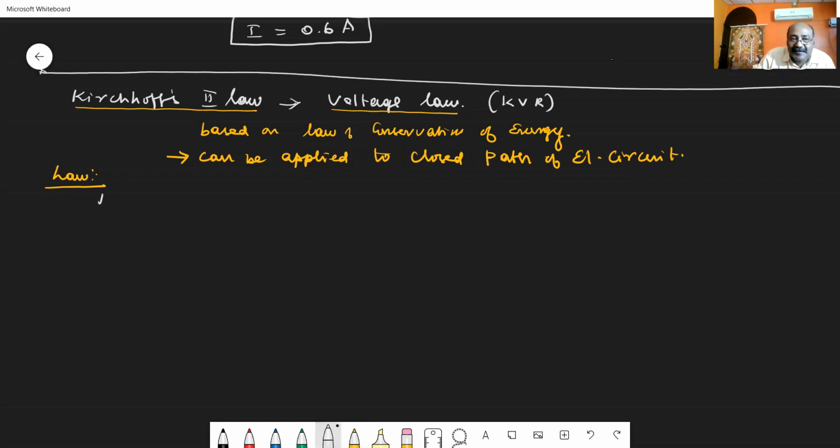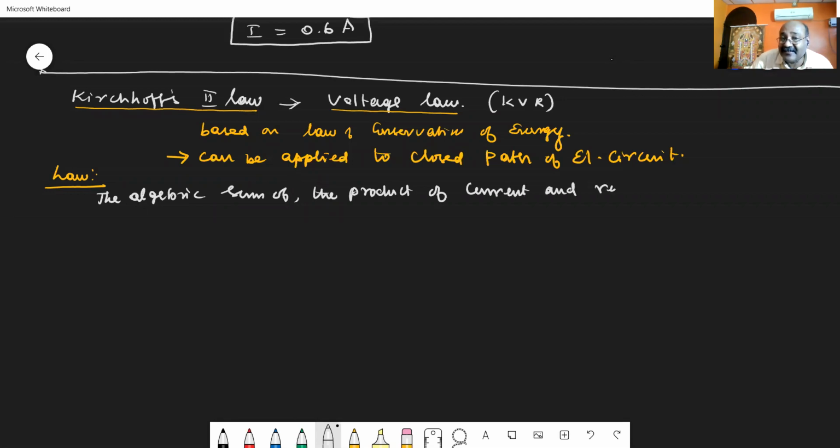See, the algebraic sum of, how to memorize it. First of all, sum. The algebraic sum of what? The algebraic sum of the product of current and resistance, where the product of current and resistance should be taken in a closed path.